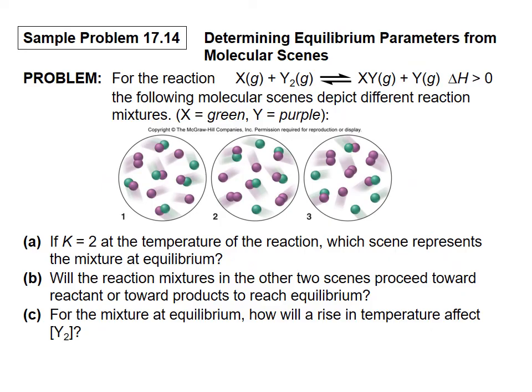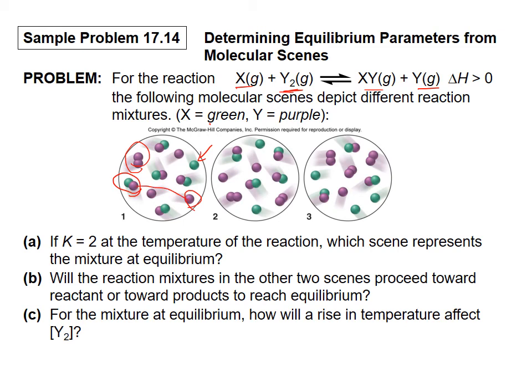Sample problem 17.14. For the reaction X plus Y2 equals XY plus Y, X is represented by a green ball. So this is X, and Y2 is purple, so two purple balls together, that's Y2. To make XY, so here is XY and Y, so this is Y, so these two are products.